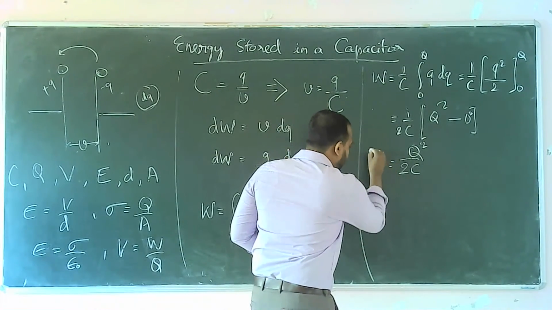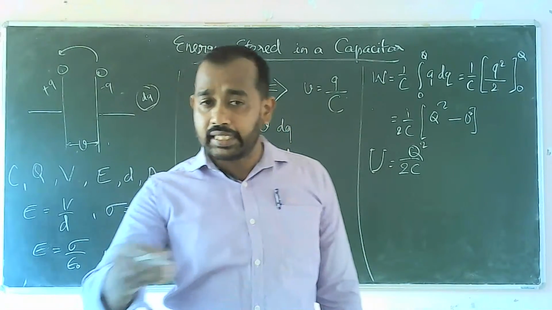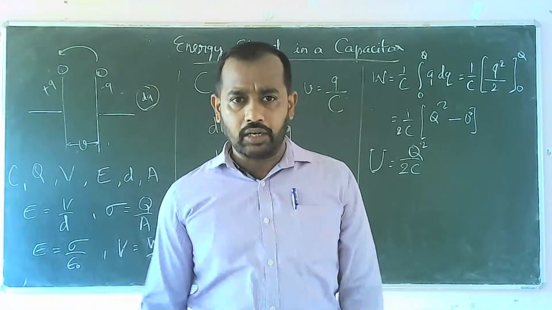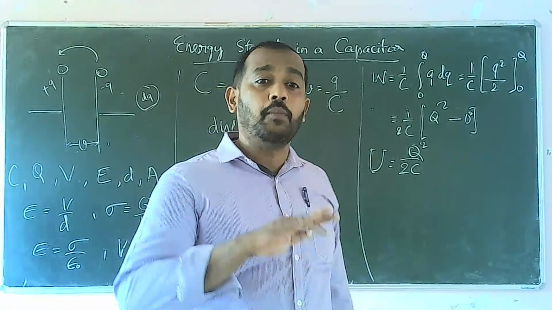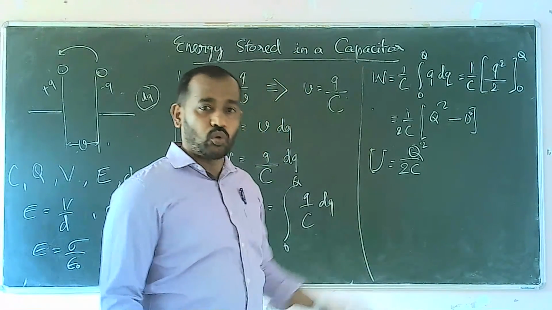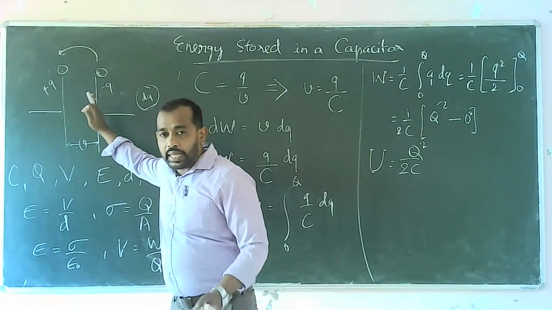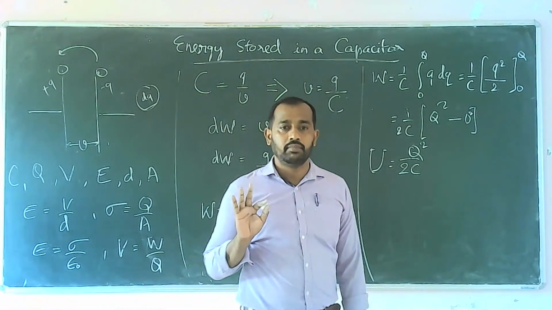What is the reason behind it? It is common sense. When work is done against the conservative force, which is electrostatic force, work done will be stored in the form of potential energy. And this much energy will be stored in the capacitor. Okay, this is the derivation.